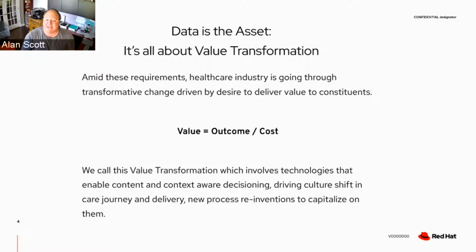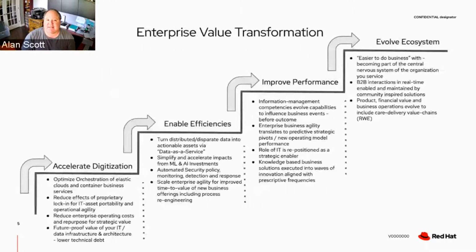What that means to us is we must put content and context to information into technologists' hands so they can help deliver the systems of tomorrow and help reinvent to capitalize on that information that exists. In order to do that, you have to walk an organization through a value transformation. And it's 4 simple steps we're going to cover.